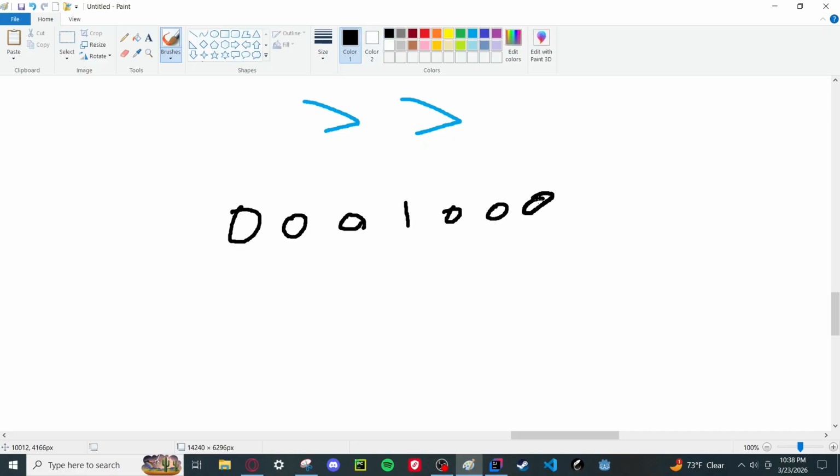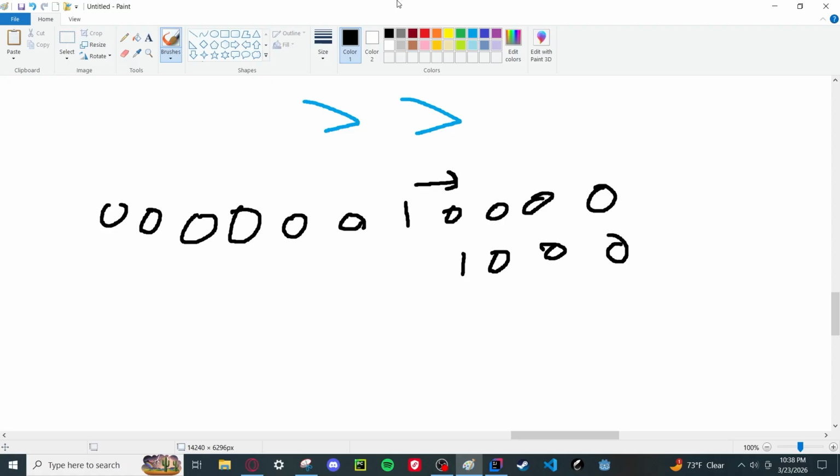Now there's one last concept. We're looking at right shift of your numbers. And let's say something like this, and I'm just shifting it to the right. Well, when this moves to the right, we lose a 0 in the process, so this 0 is gone.